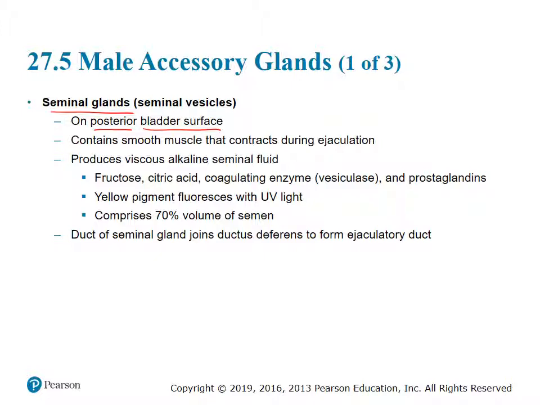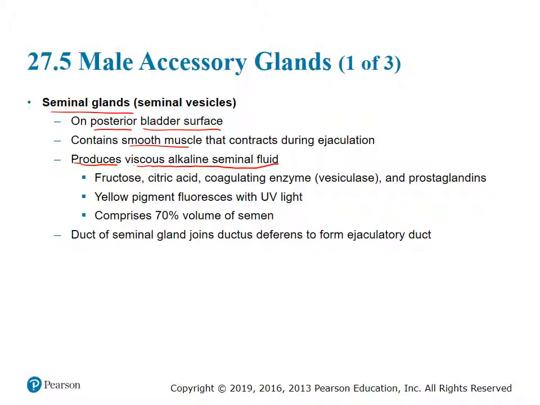It does have smooth muscle, and when it contracts during ejaculation, it will secrete this viscous, alkaline fluid we call seminal fluid. This is made by the seminal gland, stored, and then secreted when ejaculation happens.